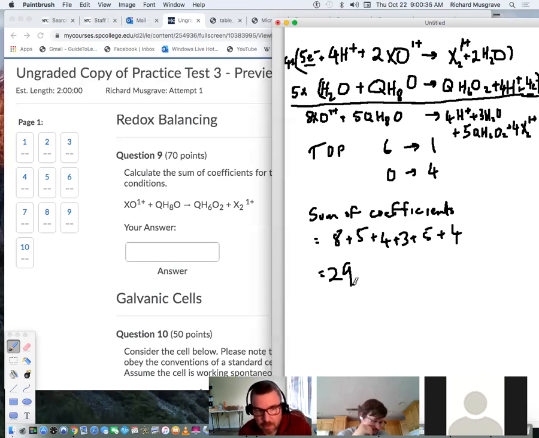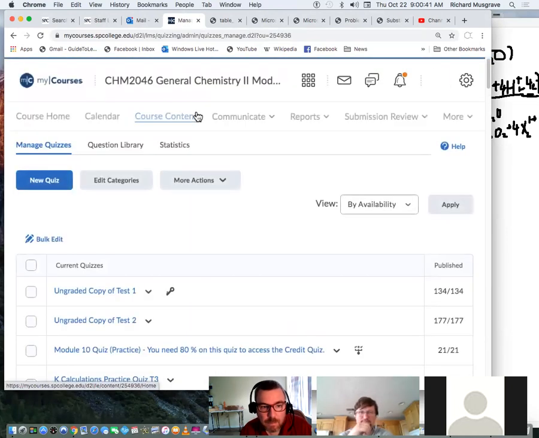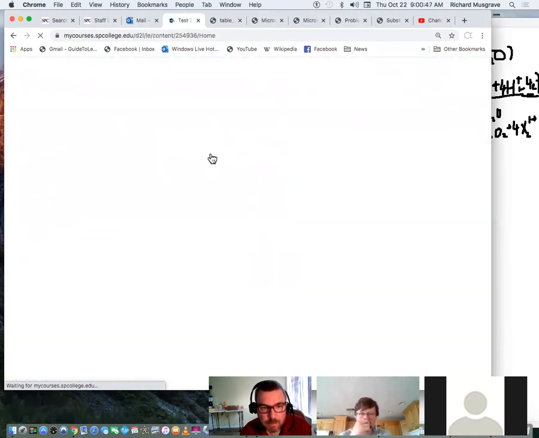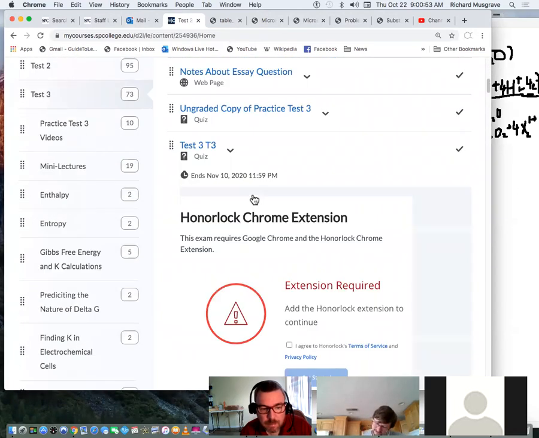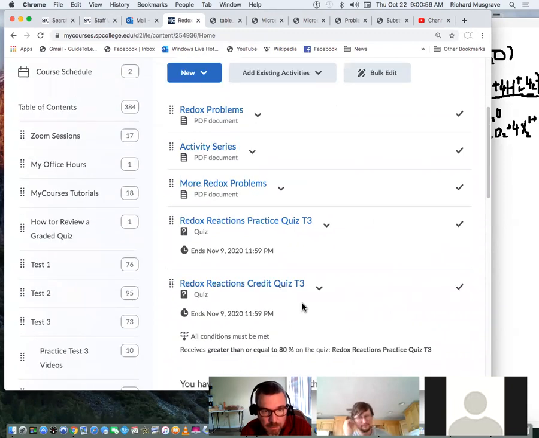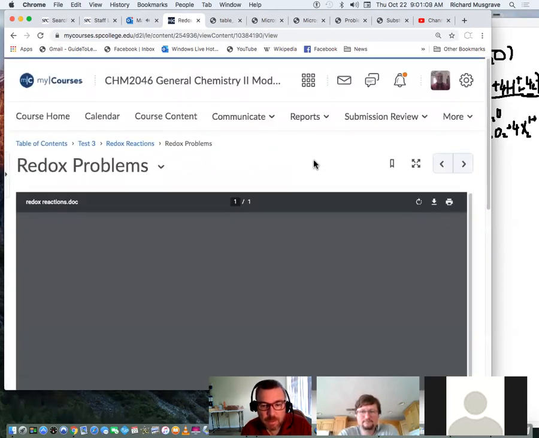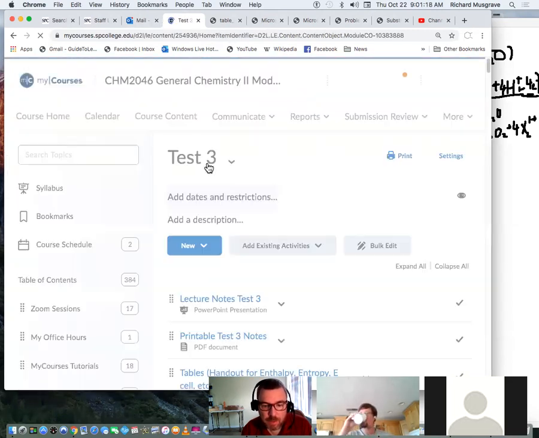The other thing, let's see what else we can do here. In the redox reactions folder, I've got some redox problems on a sheet here as well, along with their answers, so you've got a worksheet there you can look at.